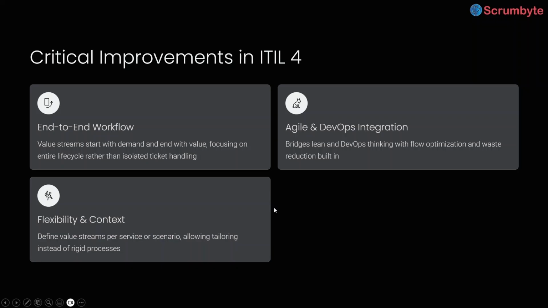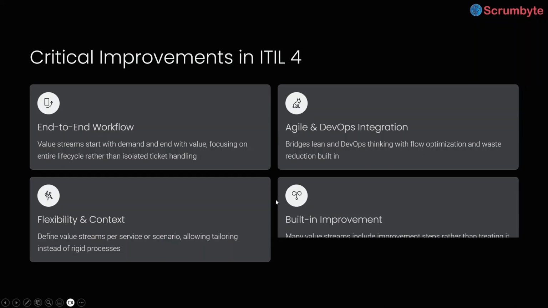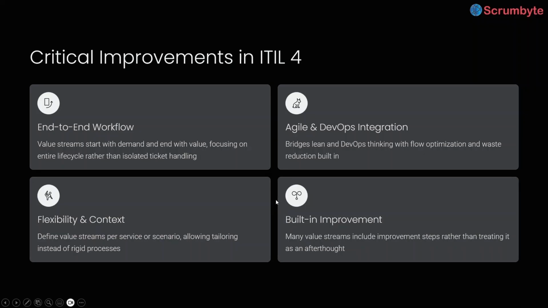No value stream is similar to the other one. There will be some kind of variation. And the important thing to notice here is the built-in improvement. That means there is already something that you have to build into the value stream which includes improvement steps.